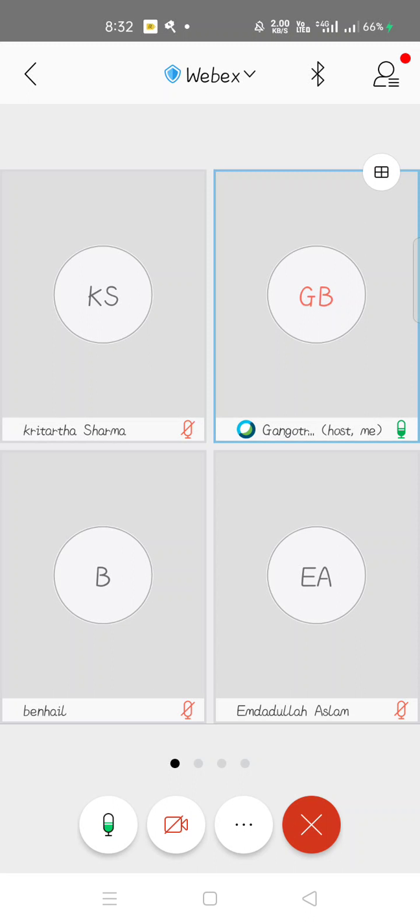Now, have you all heard about the pacemaker? Have you heard the term pacemaker before?